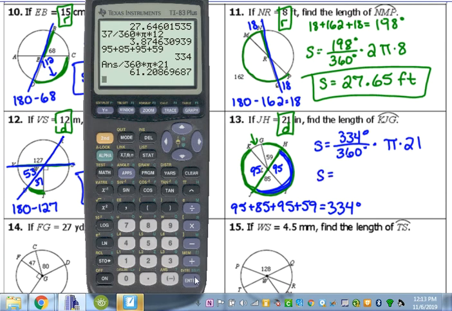So our arc length is 61.21 inches. Bigger arc length because we're talking about the majority of the circle there, and it has a diameter of 21 inches, so it has a bigger circumference anyway.